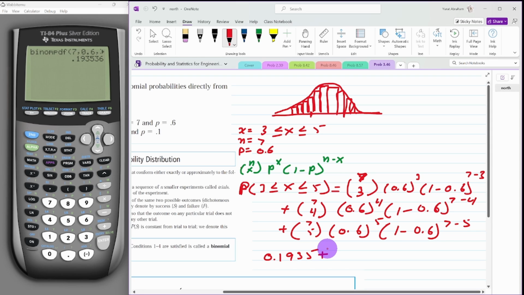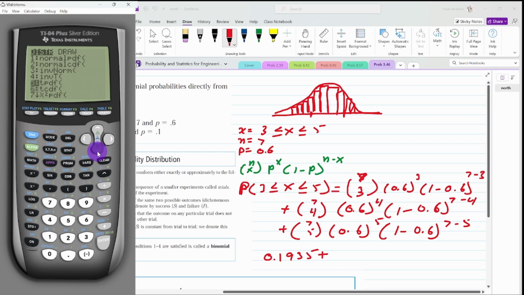plus, and now we're going to do when x equals 4. Second distribution, binomial PDF, and we're going to change the x to 4. Enter, and then we're going to do the same thing with the 5.